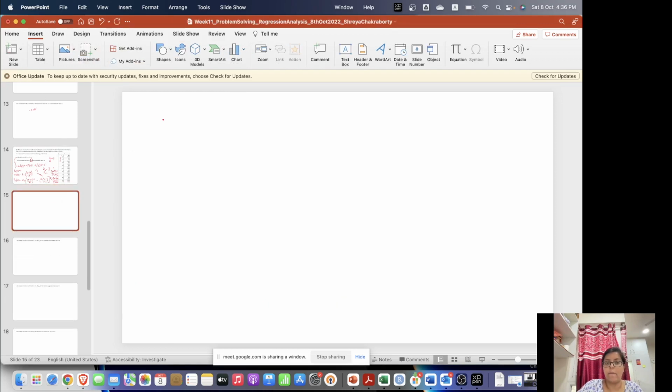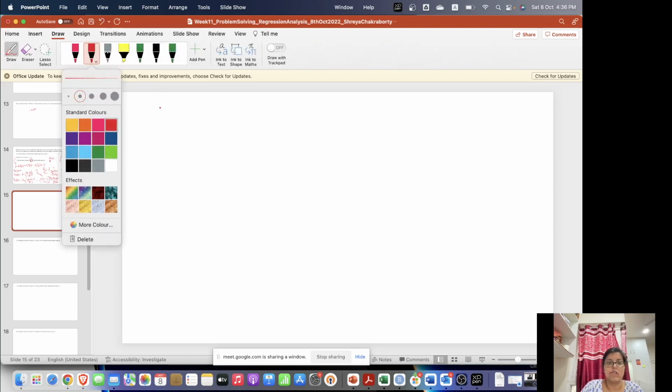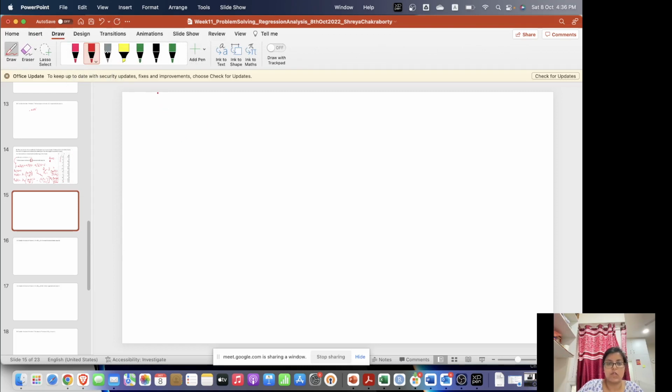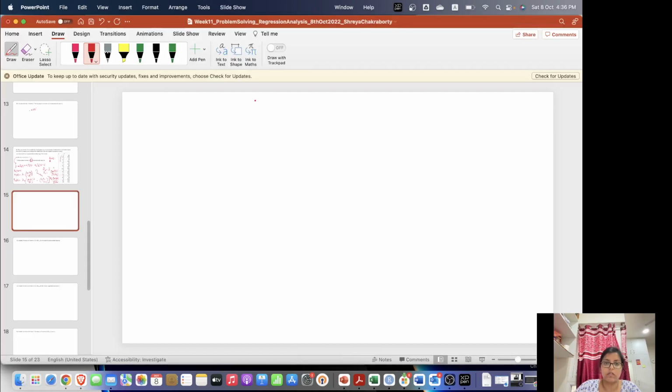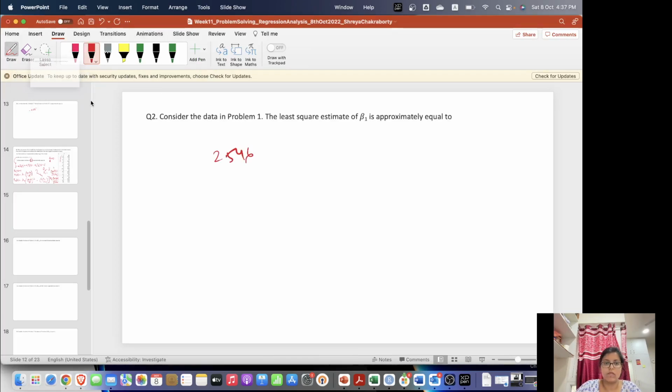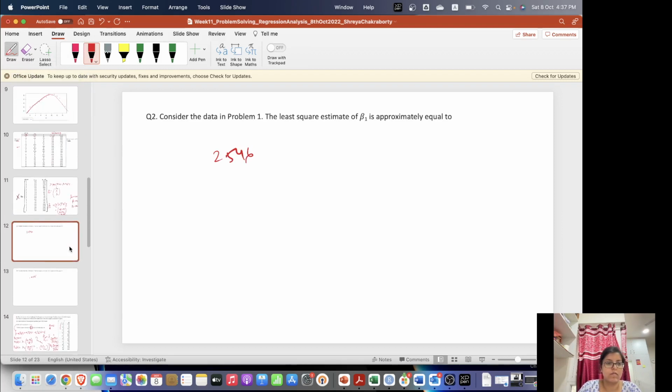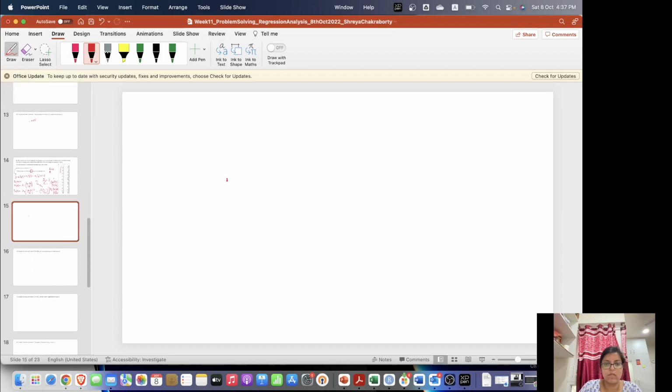So we had this one: beta naught plus beta 1 (x minus x bar) plus beta 2 (x minus x bar) square.